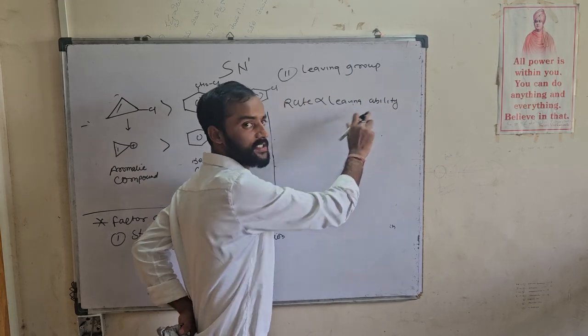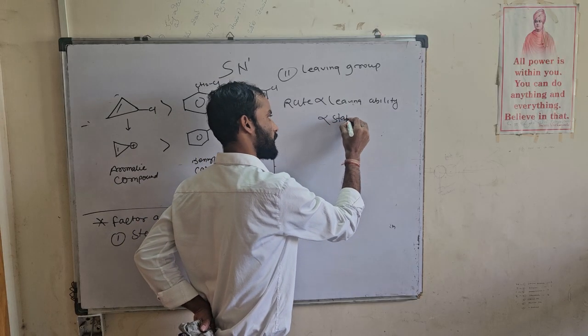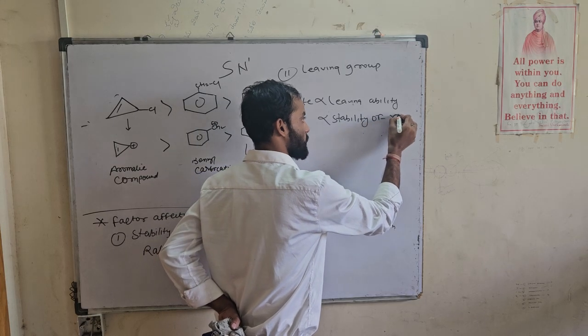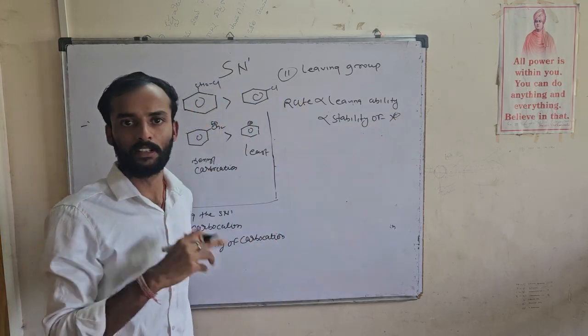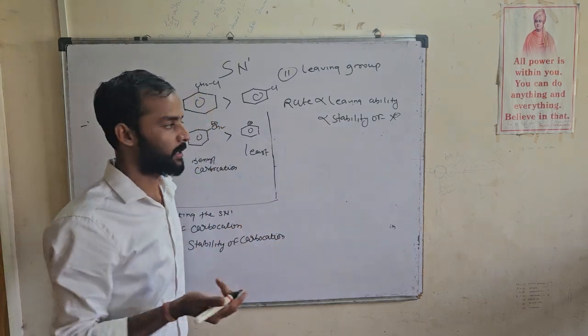And leaving ability is directly proportional to the stability of the anionic species, that is the stability of the leaving group after dissociation. Let's see with an example.